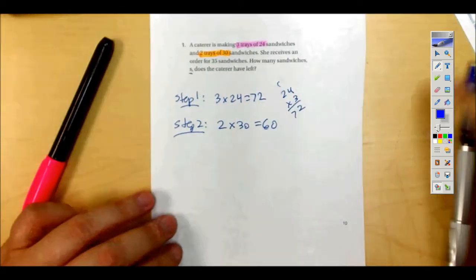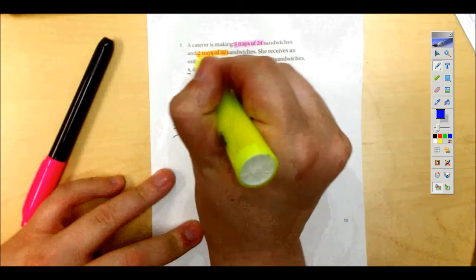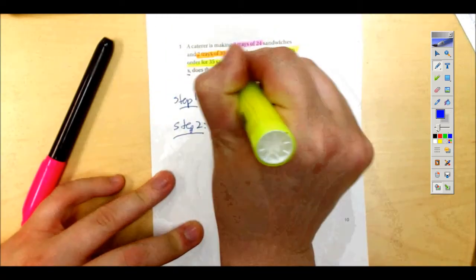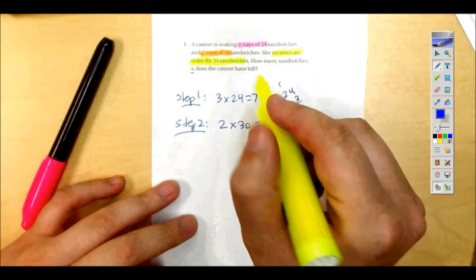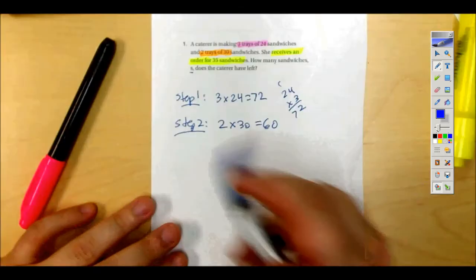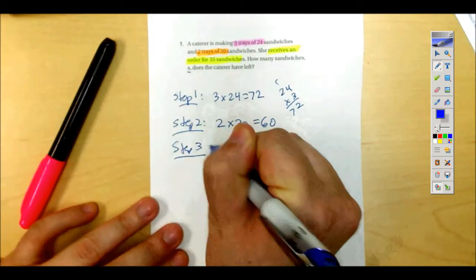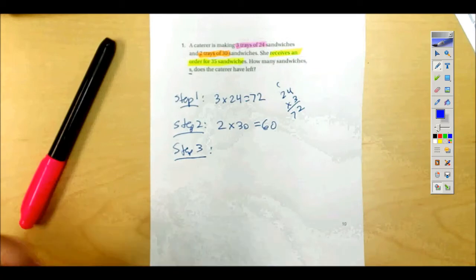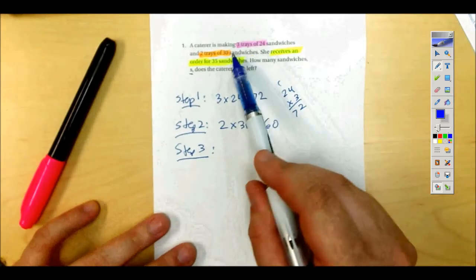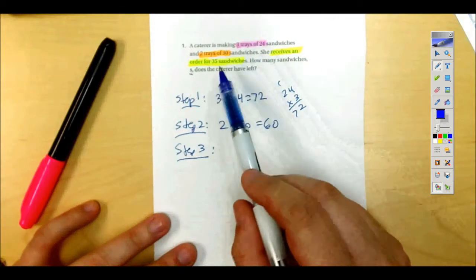Okay. The next step says she receives an order for 35 sandwiches. And how many does she have left? Well, I know I can figure out how many she's made because this pink and orange tells me how many she's made.